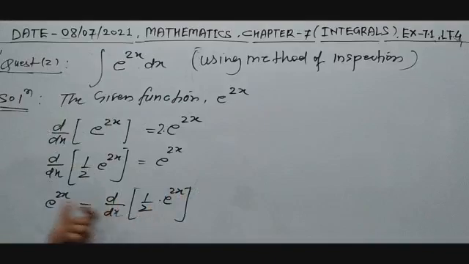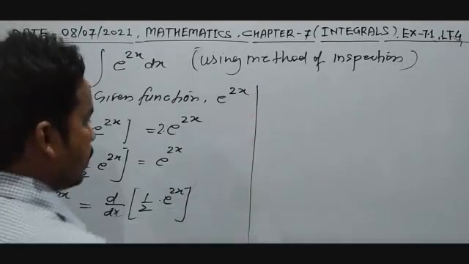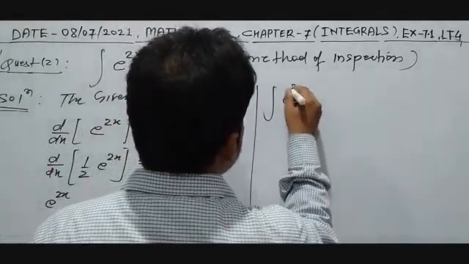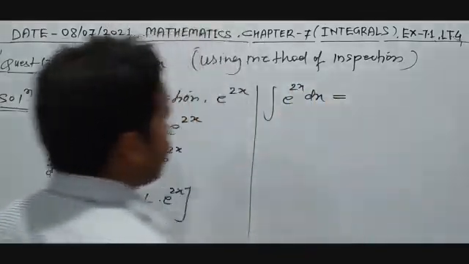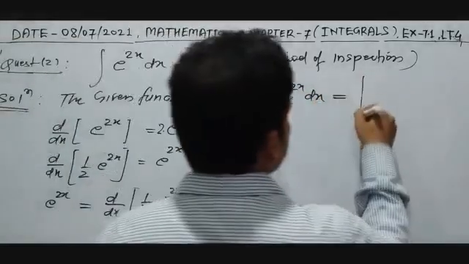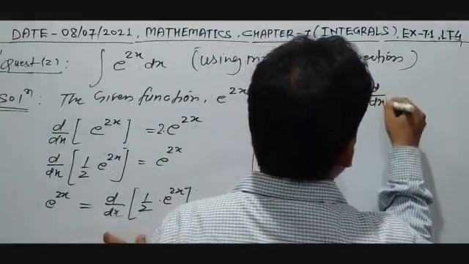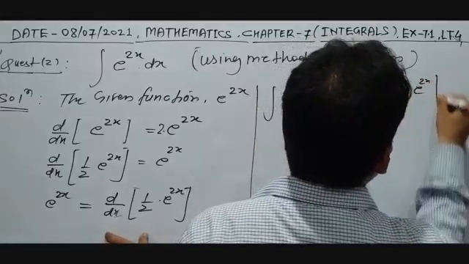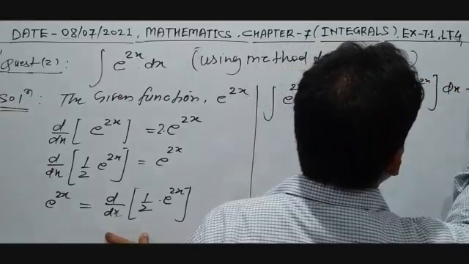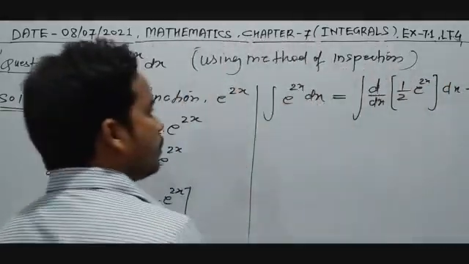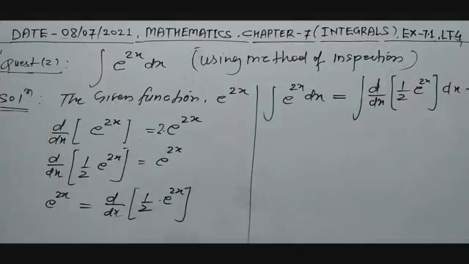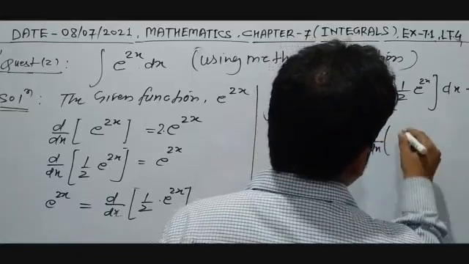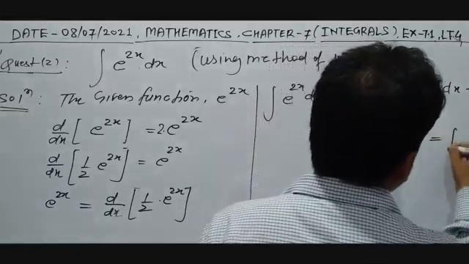So operate integration dx on both sides. What will you get as the result? Integration of e to the power 2x dx is equal to integration over d by dx of 1 by 2 e to the power 2x dx plus c. And you know, the integration of d by dx of f(x) is the same f(x) plus c.